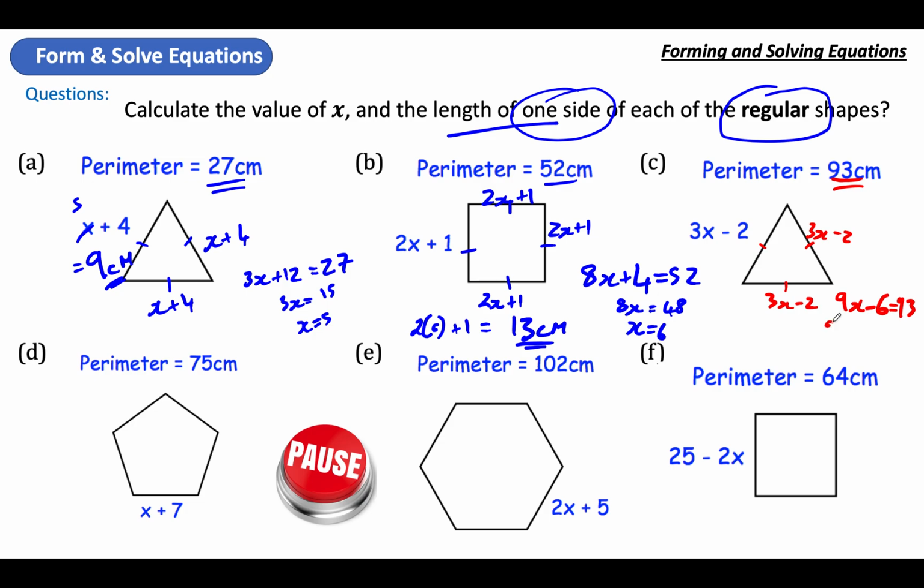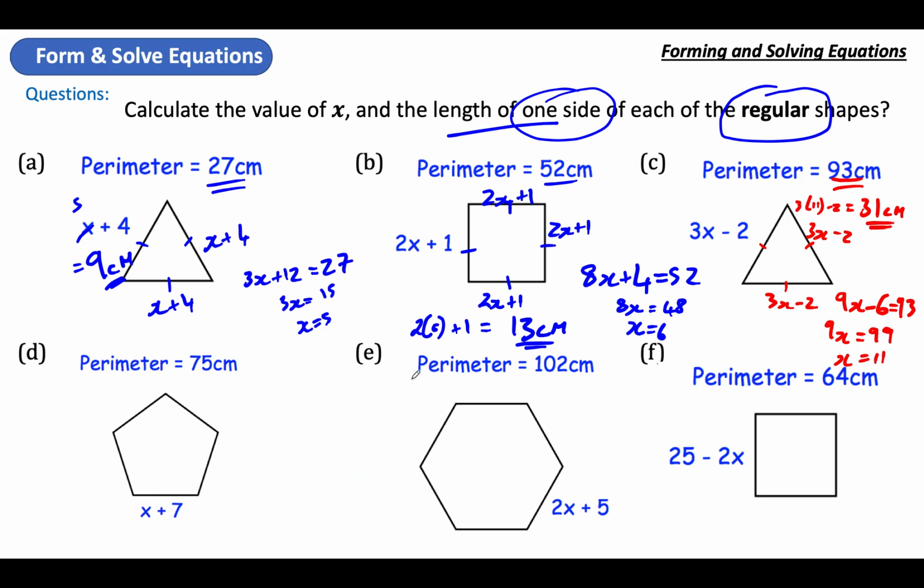So add 6 to both sides to get 99. Divide by the 9 to get x is 11. But it asks for one side, so that's 3 lots of 11 minus 2, which is 33, minus 2, which is 31 centimeters. So in these ones, we need to put it back in.